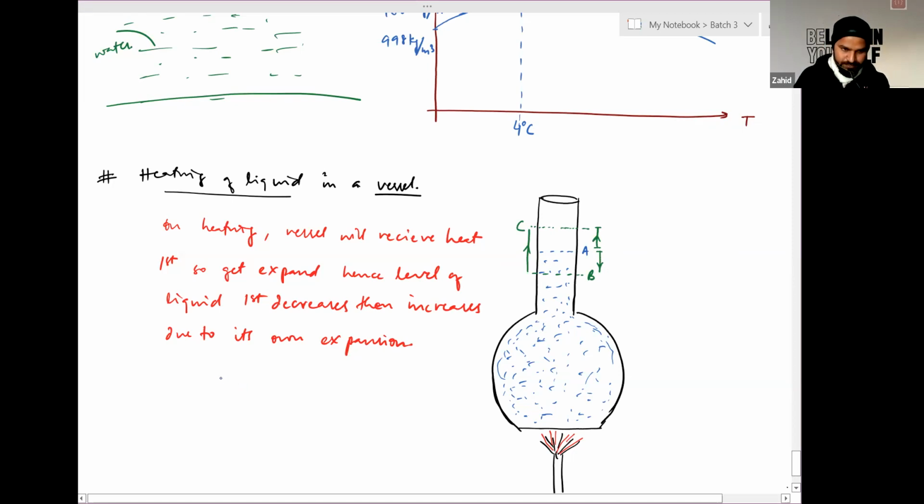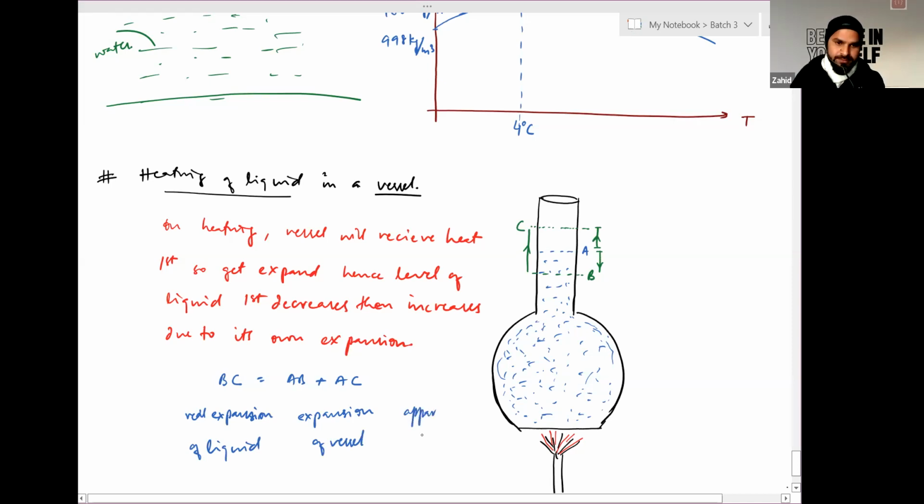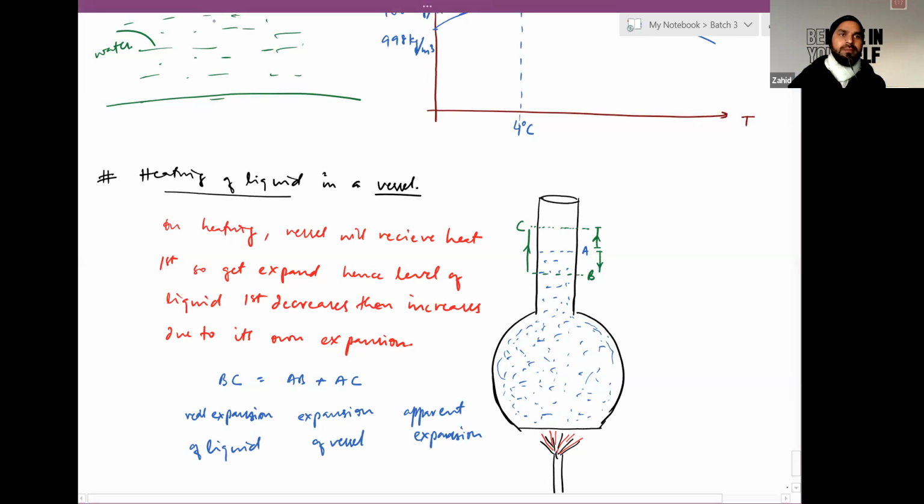So from this, we can say B to C equals A to B plus A to C. B to C is the real expansion of liquid, A to B is expansion of vessel, and A to C is apparent expansion. Is it clear? Yes.